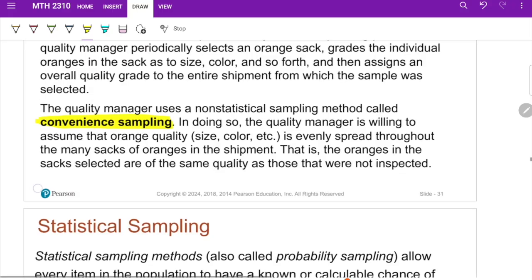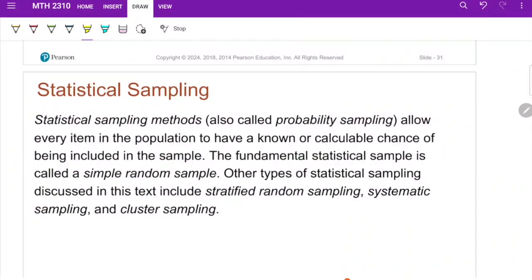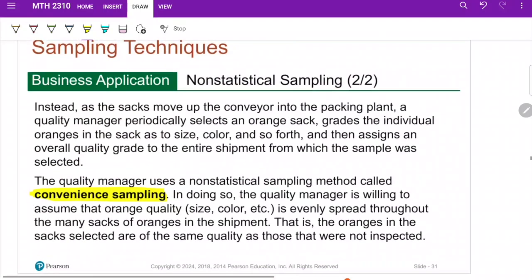The other type, we call it statistical sampling techniques, which basically has another name, which is probability sampling technique. This is advantageous because you give every individual in the population a chance of being in the sample. The other one you don't give. In the non-statistical sampling techniques, you don't give the chance to everyone because you have chosen people based on your convenience, right? Because they're easy to reach.